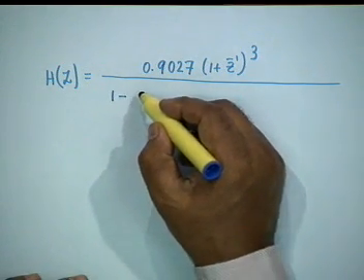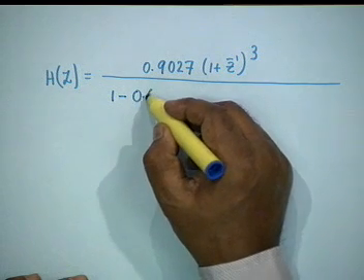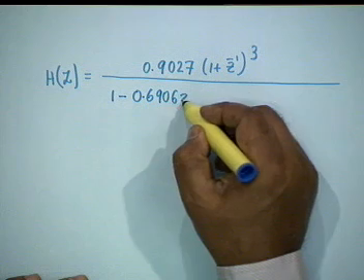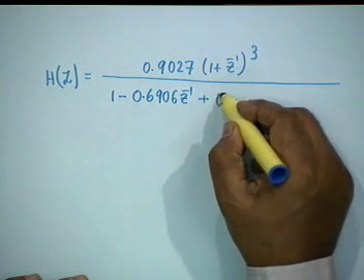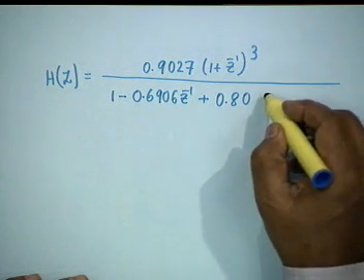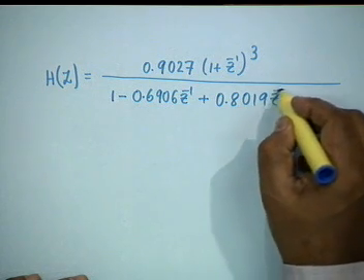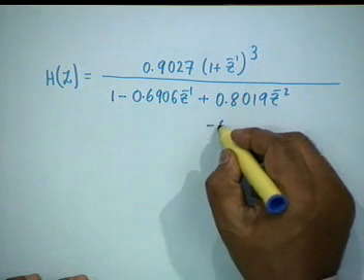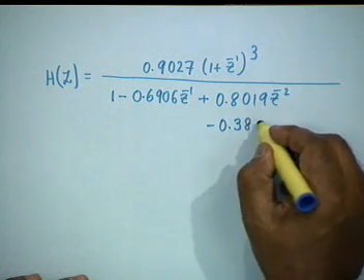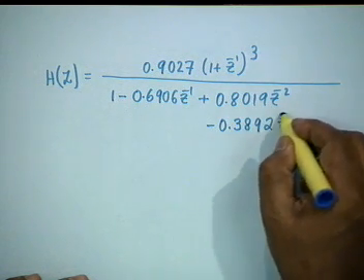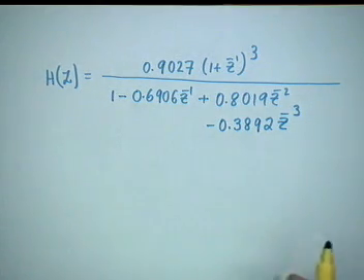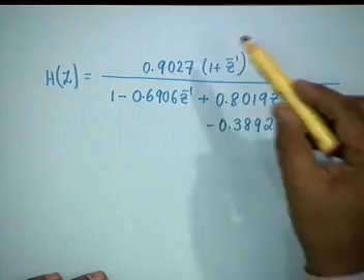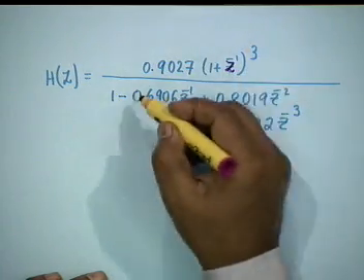Then in the denominator we have 1 minus 0.6906 z inverse plus 0.8019 z to the minus 2 minus 0.3892 z to the minus 3. This is what we get as the prototype filter, where I have made a mistake. On the right hand side, all z's should be capital Z.